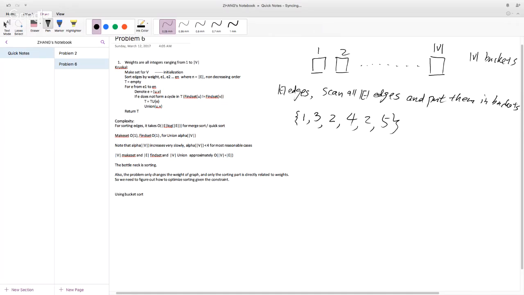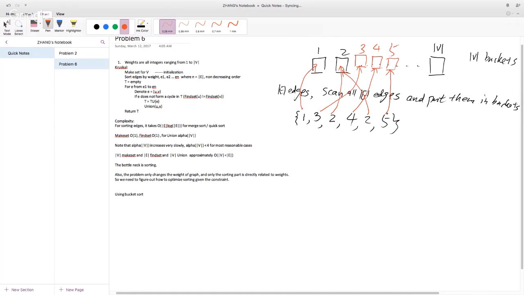We scan the edges: for weight 1, let's put it in this bucket. For 3, put it in this bucket. For 2, put it in this bucket. For 4, in this bucket. For 5, in this bucket.